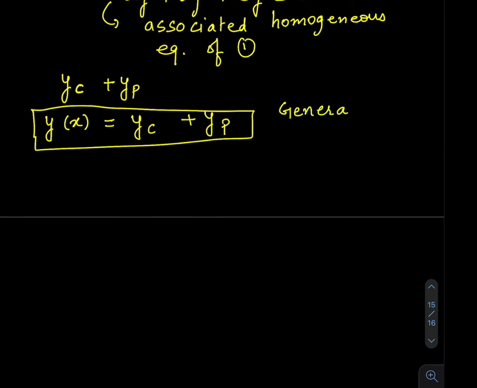This is going to be our general solution to our equation number 1. Saying that this is the general solution means if we have any other solution, then that would look like this.